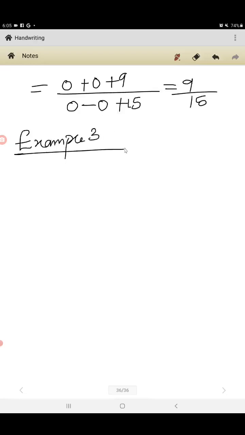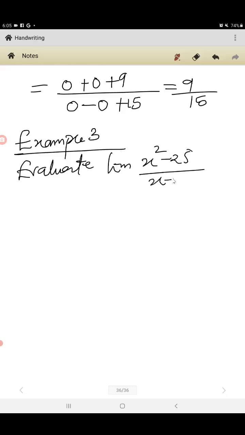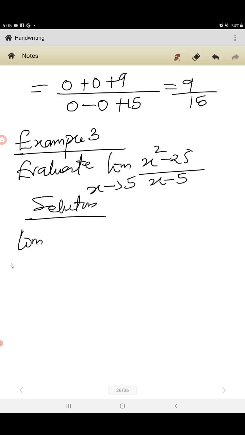Let's have example 3. Evaluate the limit of x squared minus 25 over x minus 5 as x tends to 5. Now, for solving this, you just have to apply it in algebraic form, meaning that limit x tends to 5.